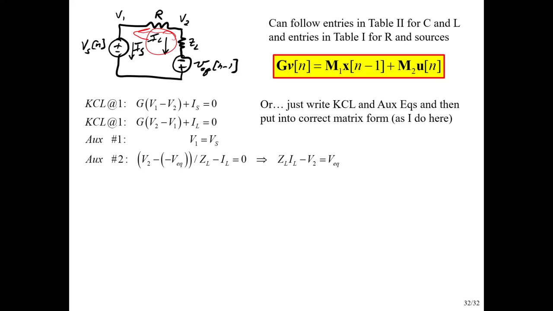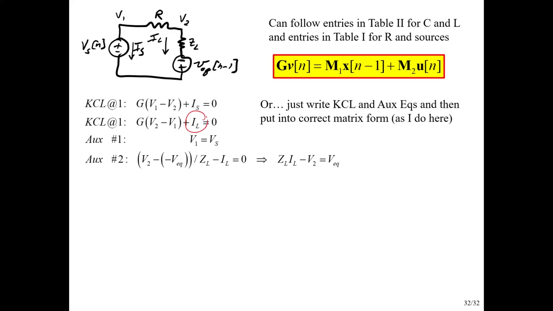And then, oh, I've got IL defined there, so let's just add IL. Now, yes, you might say, oh, I should write that as V2 and then define this node voltage here as negative VEQ divided by ZL. I could do that, but that's what I'm going to do down here. So let's just leave that alone for the moment.